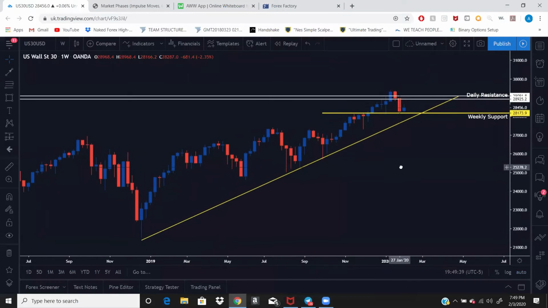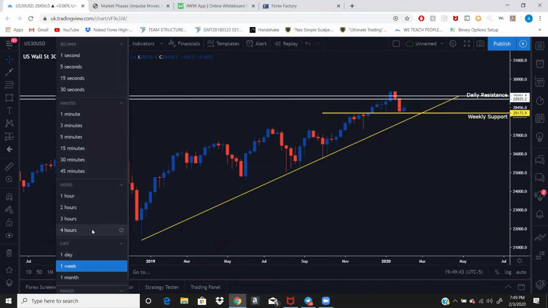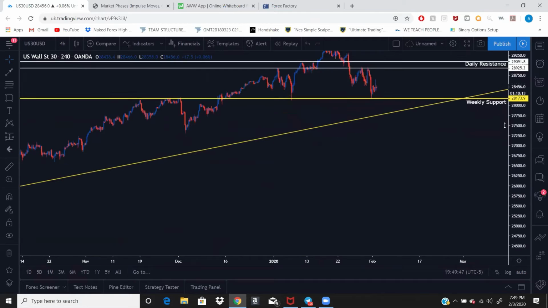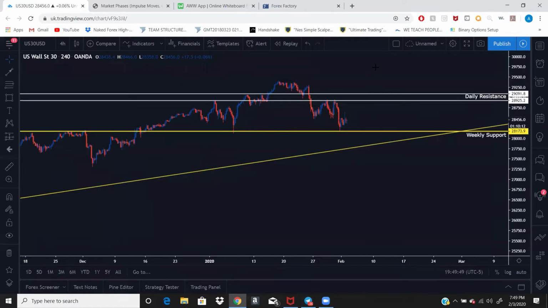No, still uptrend. Tested weekly support. All right, so this seems like an easy one. This was requested by Ange. Sorry if I don't pronounce that right.